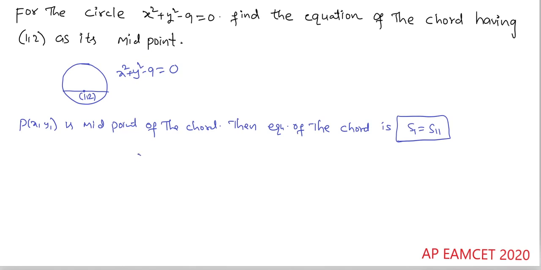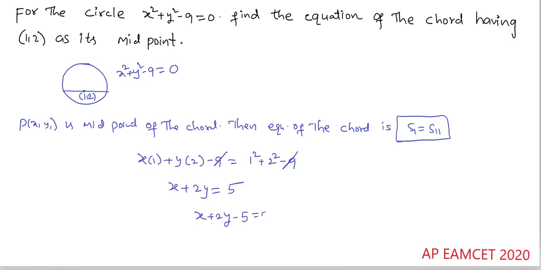That is S1, that is x into 1 plus y into 2 minus 9, equal to S11, that is 1² + 2² − 9. So on both sides the −9 cancels. That is x + 2y = 1² + 2², that is 5. Therefore the equation of the chord is x + 2y − 5 = 0.